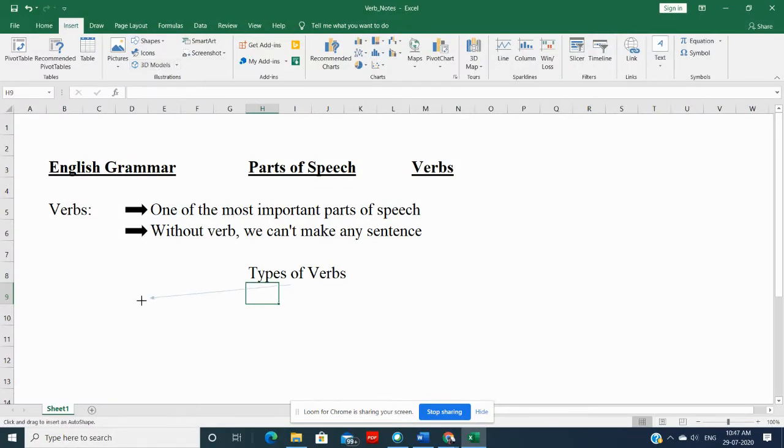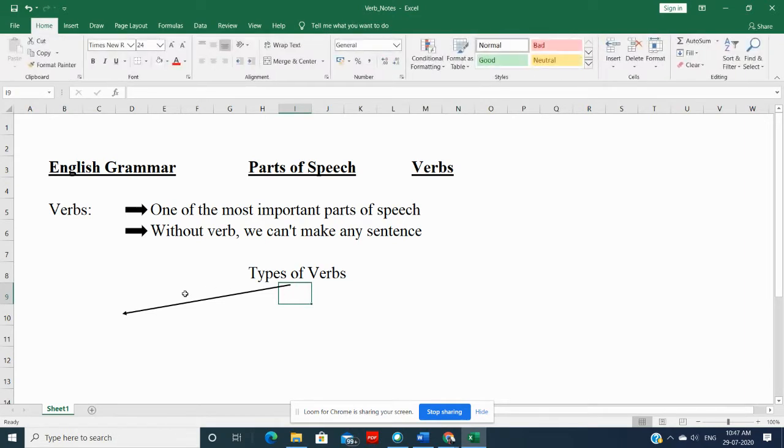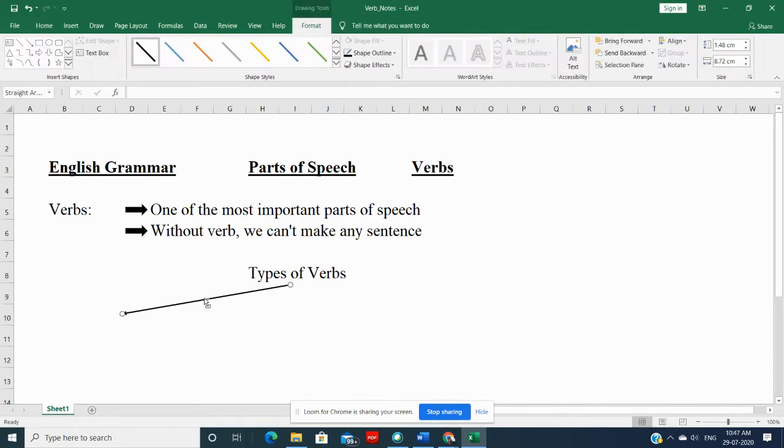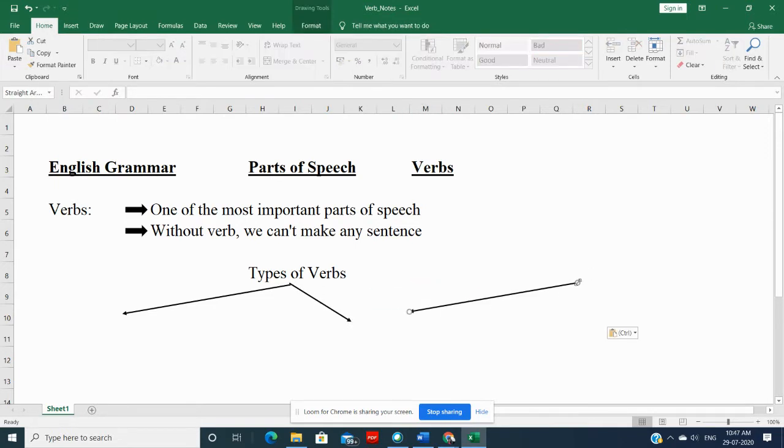One here. Another one here. And the third one. Now let's talk about them. What are these three types?